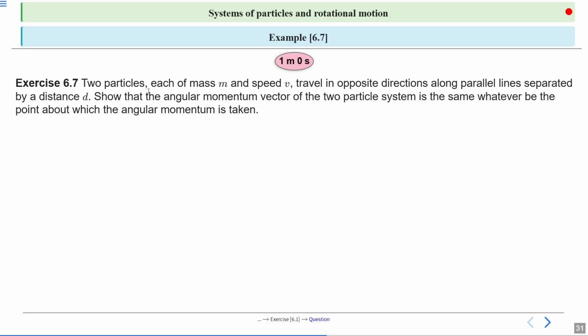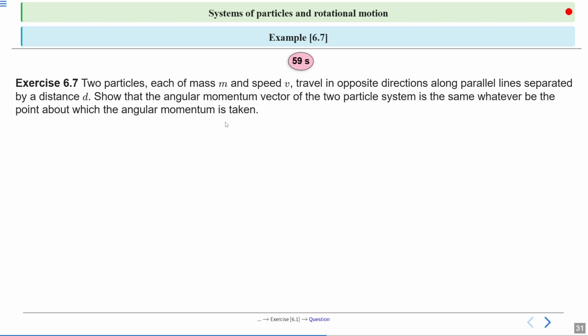Two particles, each of mass m and speed v, travel in opposite directions along parallel lines separated by a distance d. Show that the angular momentum vector of the two particle system is the same whatever be the point about which the angular momentum is taken. Please solve this question.